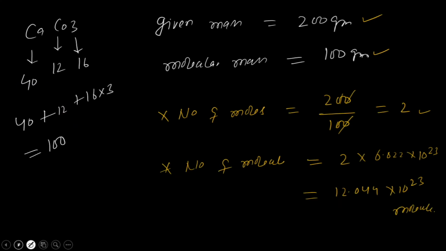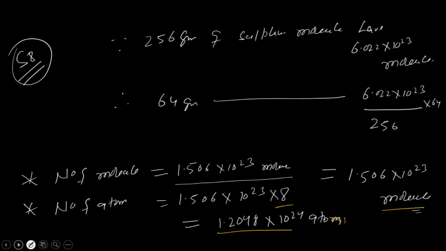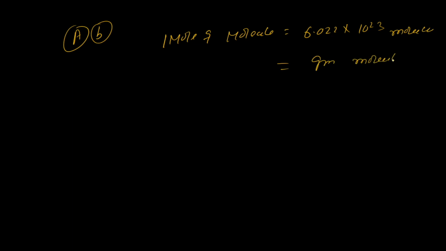Number of molecules is equal to... okay, wait a second, there is one more concept I just want to explain over here. 1 mole of molecule is equal to 6.022 into 10 power 23 molecules, or this is equal to gram molecular mass, or this is equal to 22.4 liter by volume.